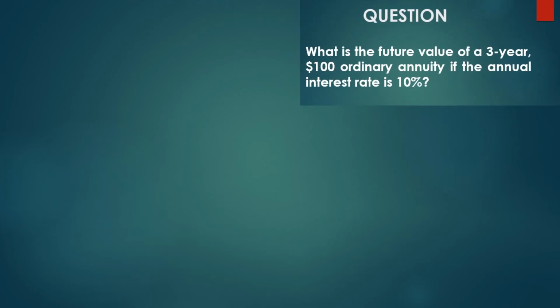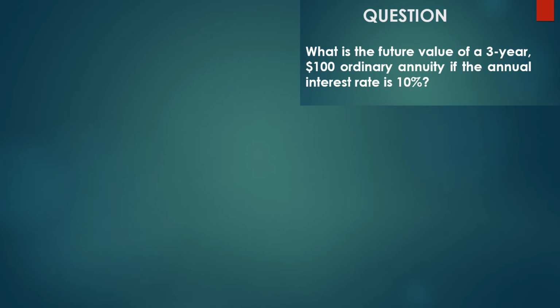Okay, so we have here our second question. What is the future value of a 3-year, $100 ordinary annuity if the annual interest rate is 10%? This may sound like what we answered a while ago, but this is an ordinary annuity.